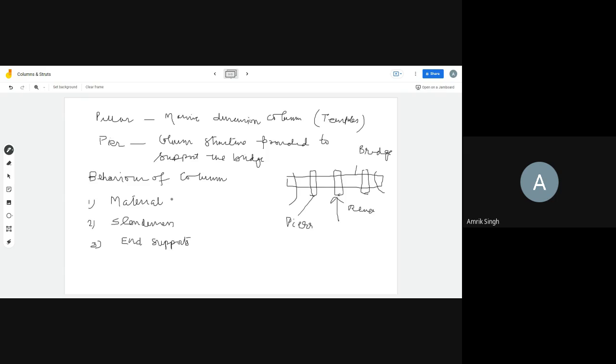So as far as the material is concerned, it is made up of wood, steel, or concrete. That is steel and cement.